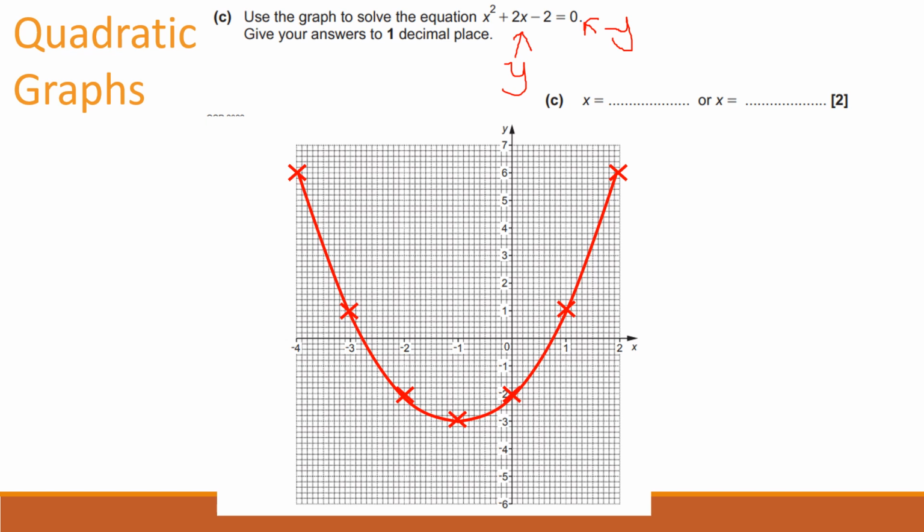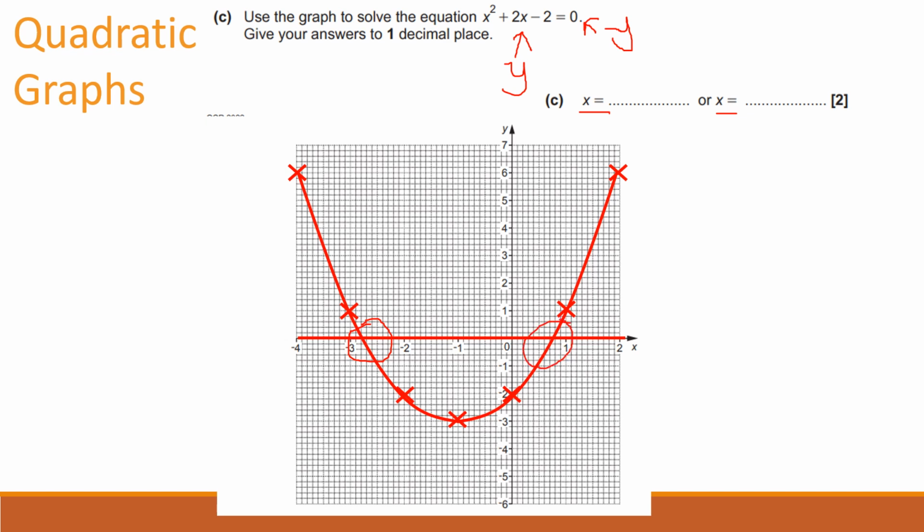Now the line y equals 0 is the x-axis, so it's this horizontal line coming across here. And we want to know the point where the curve and the horizontal line meet each other, and we've got to work out the solution. So the answer tells us it's going to be x values. So all I've got to do is work out the x value at this point here where they cross, and the point over here where they're going to cross.